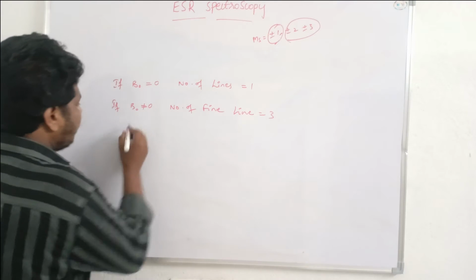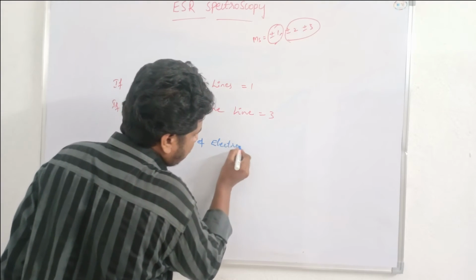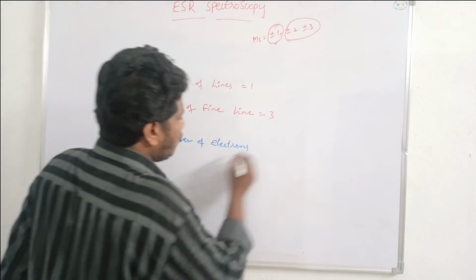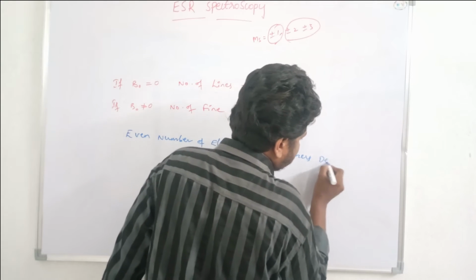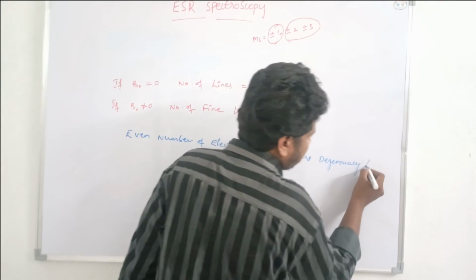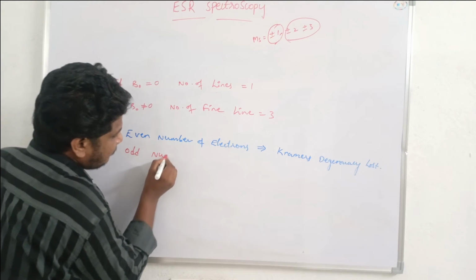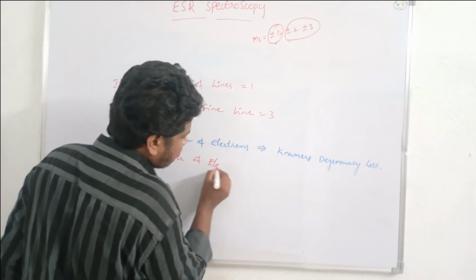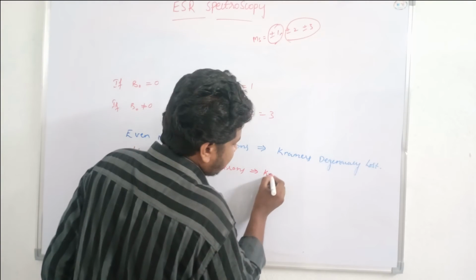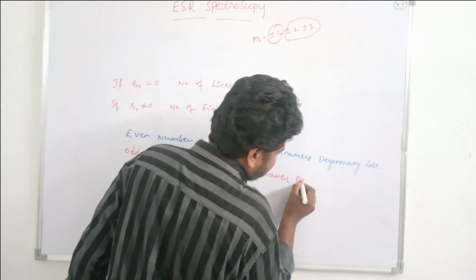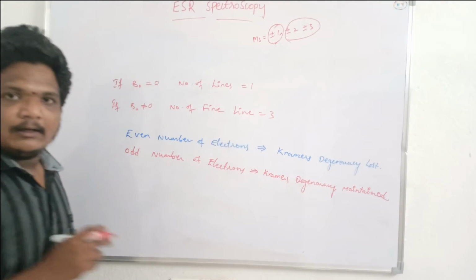If the system contains an even number of electrons, those systems will lose the Kramers degeneracy. If an odd number of unpaired electrons is present in the system, in that case they can maintain the Kramers degeneracy.